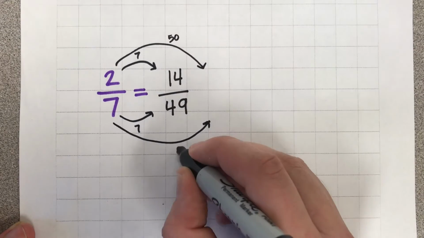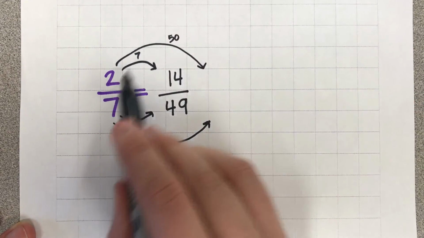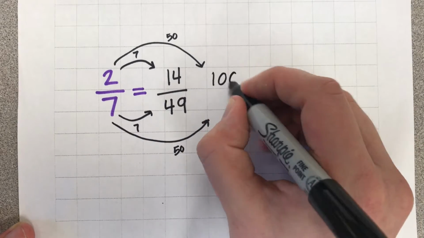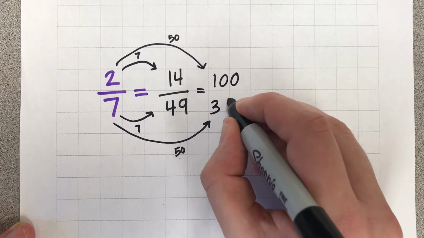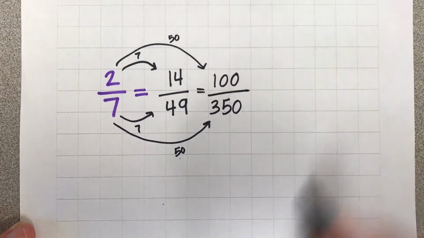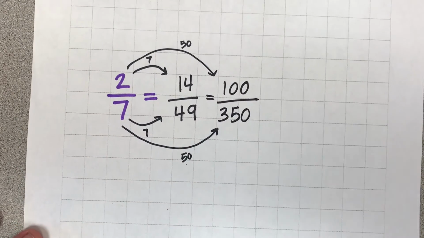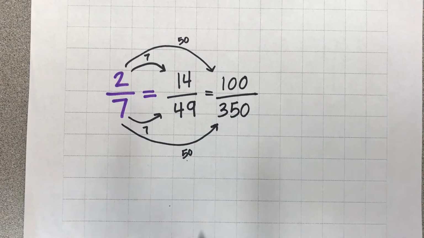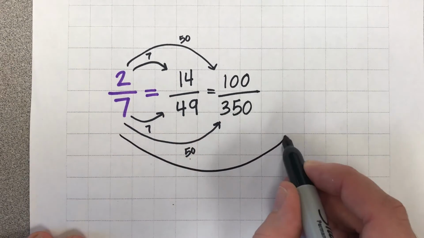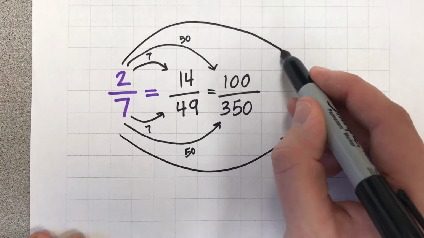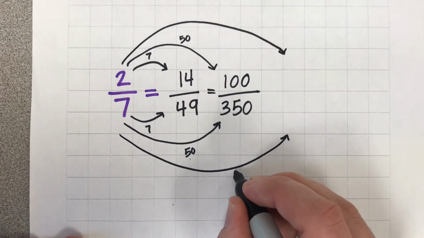Let's go with 50. 2 times 50 is 100, and 7 times 50 is 350. So 100/350 is an equivalent fraction to 2/7. We can go simple again and just do 5.